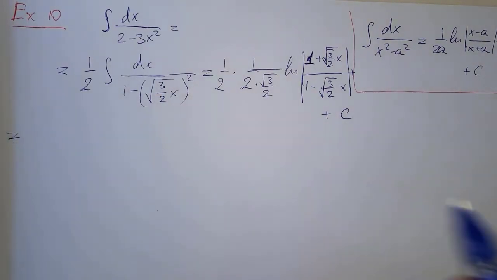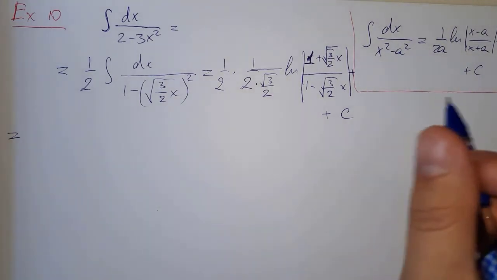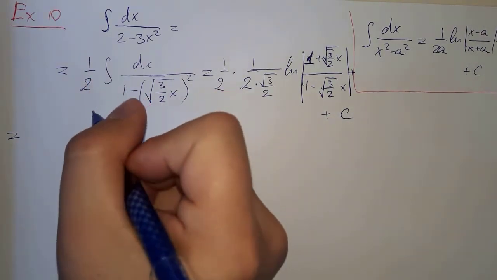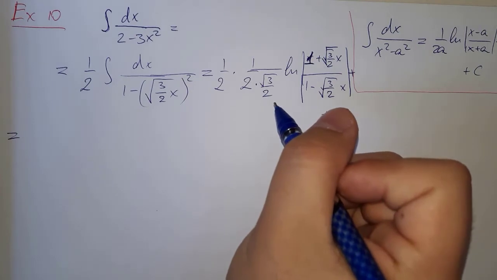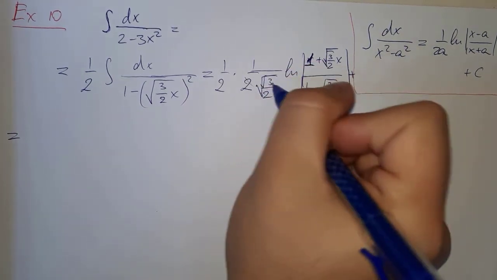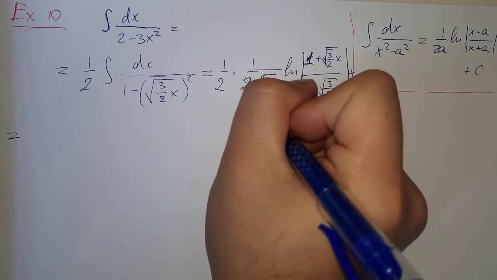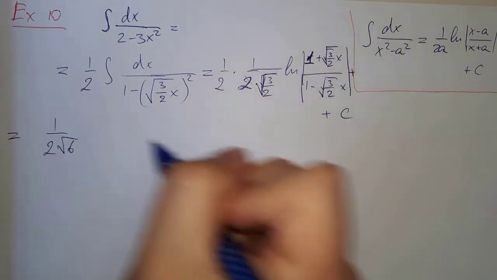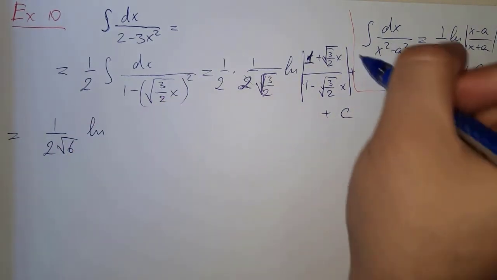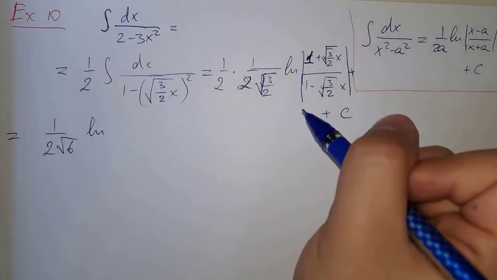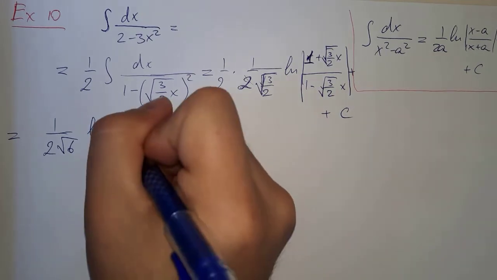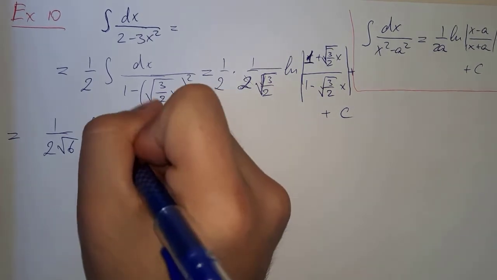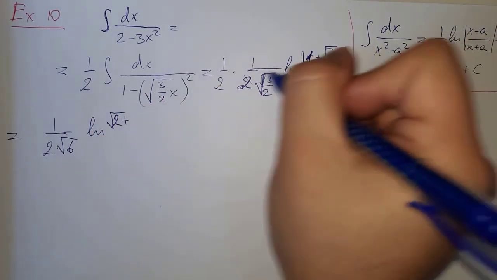If we simplify it, square root of 3 over 2 does not cancel, because we have square root of 2 here, so it will be 1 over 2 square root of 6 and natural logarithm. Here also we can take out square root of 2 in the denominator.